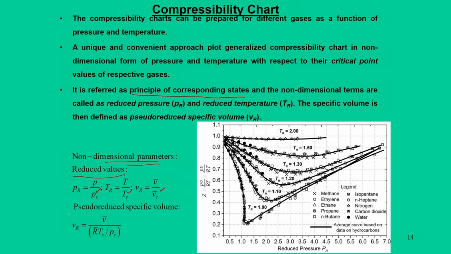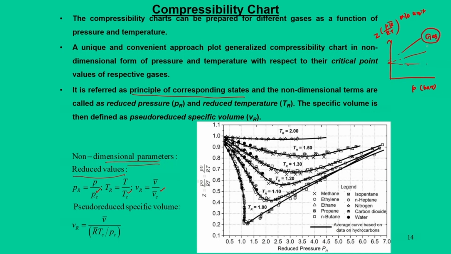In our previous analysis, when this plot was made, we had pressure P and Z, which is nothing but P V bar by RT. Z was unitless, while pressure has a unit, either bar or Newton per meter square, and these data were taken for a given gas.